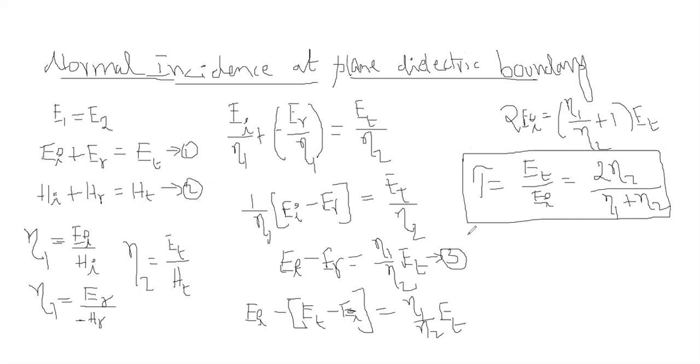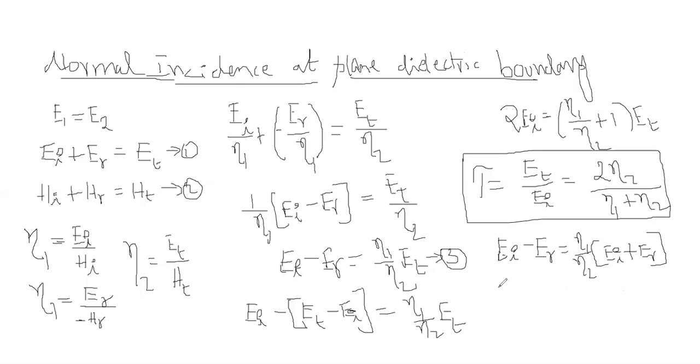To find the reflection coefficient, take the same first equation 1, substitute in equation 3, eliminating ET. So EI minus ER is equal to eta 1 by eta 2 times ET, which is EI plus ER. Now the equation becomes totally in terms of ER and EI, the reflected electric and the incident electric.